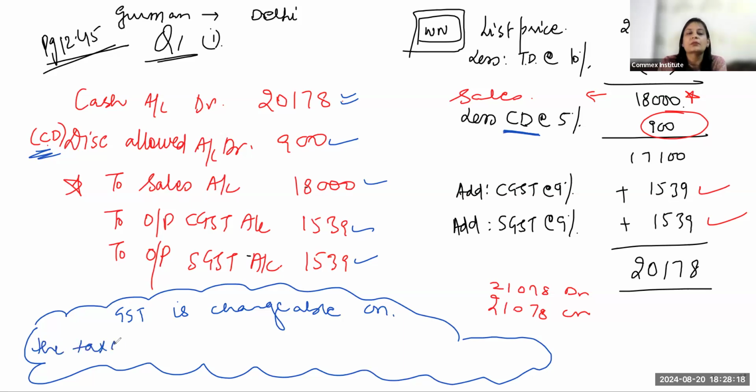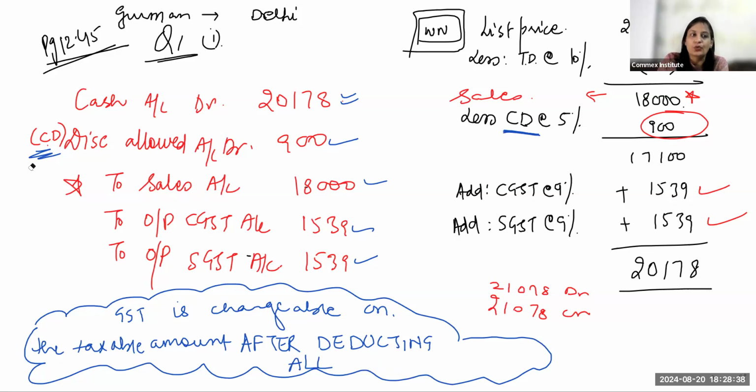on the taxable amount after deducting all discounts. That means cash discount and trade discount, both.